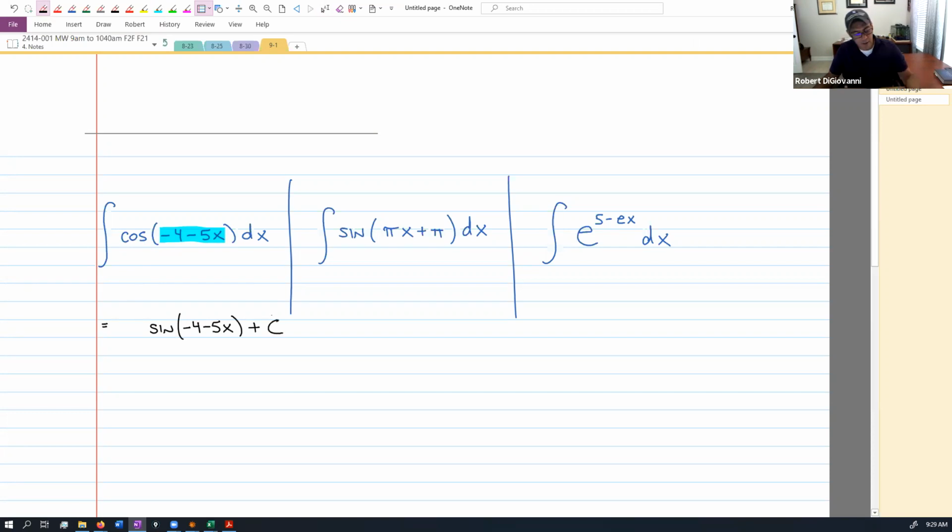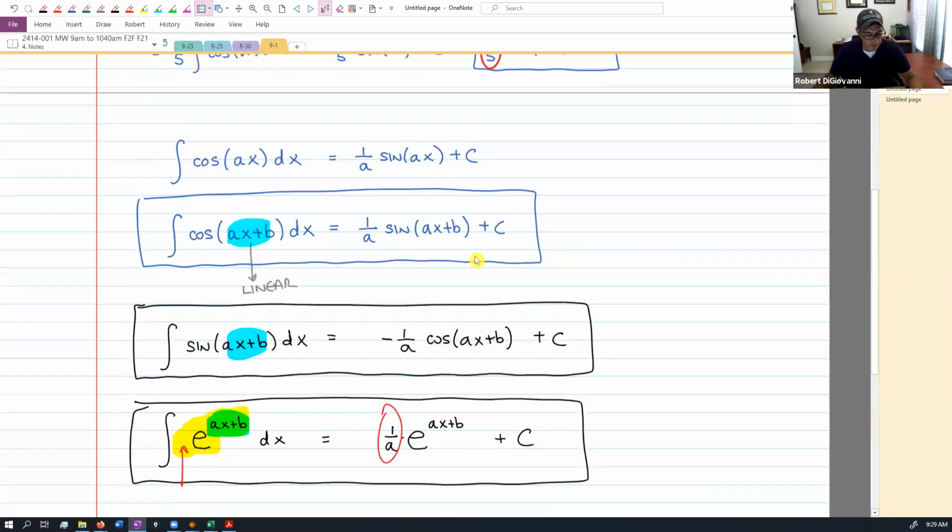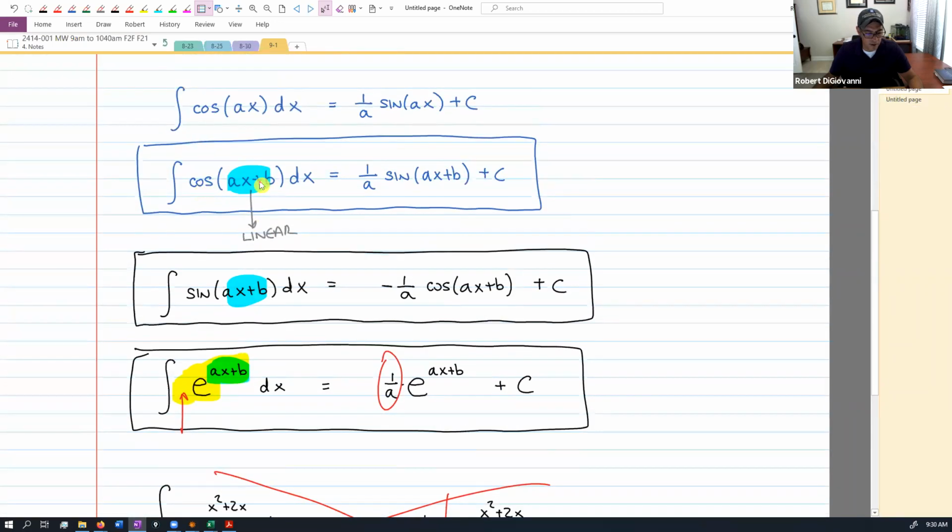plus c. But Alec, what do we have to put out front to compensate for the derivative of the inside in the chain rule? So if we have cosine of a linear expression, we put sine of that linear expression plus c, and then we have to put 1 over a, right?